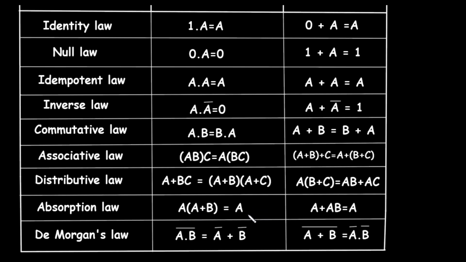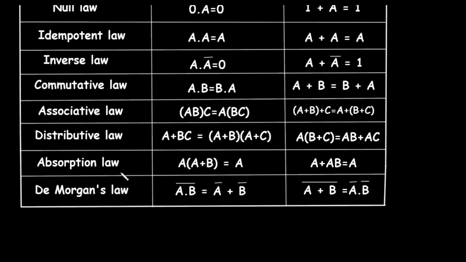Then next is De Morgan's law. De Morgan's laws are superstars of simplification. They tell us how to handle the negation of a complex statement. The easy way to remember it is: break the line, change the sign.